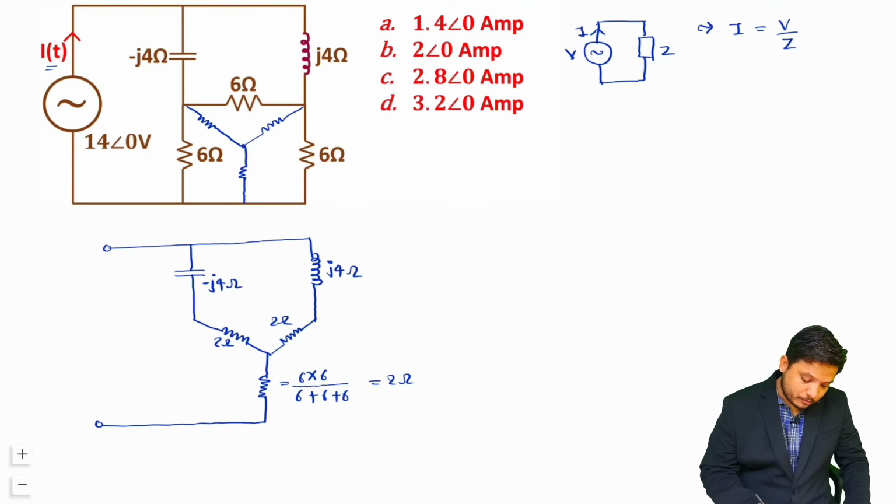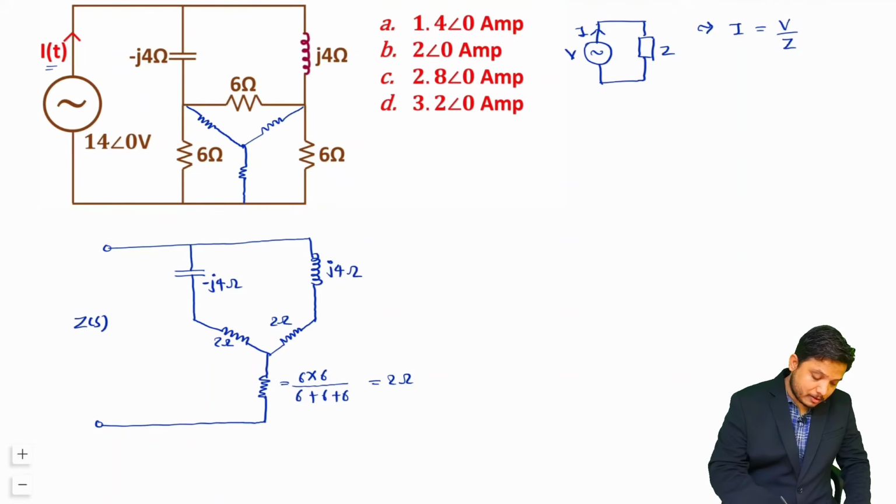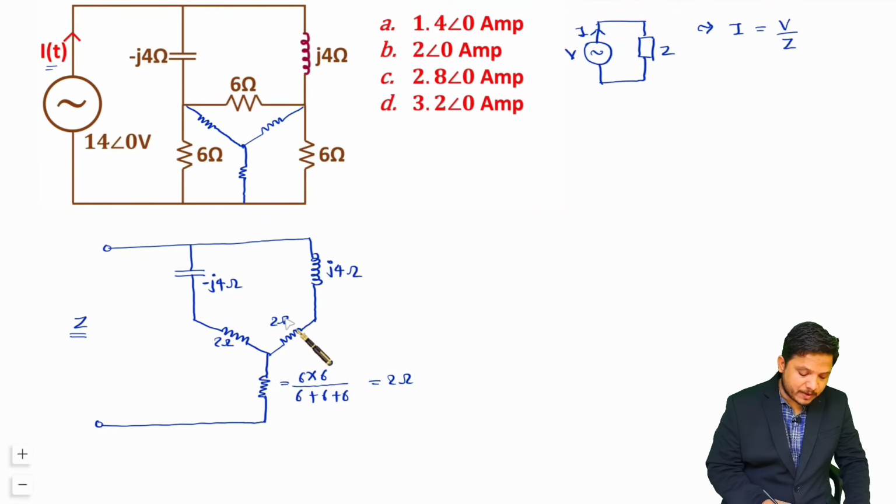Now see, we want to find Z of S over here, or you can say only Z. Here I am not converting that in terms of Laplace, as it is given in terms of values, right. So if you see this Z, it is this wing parallel with this wing.